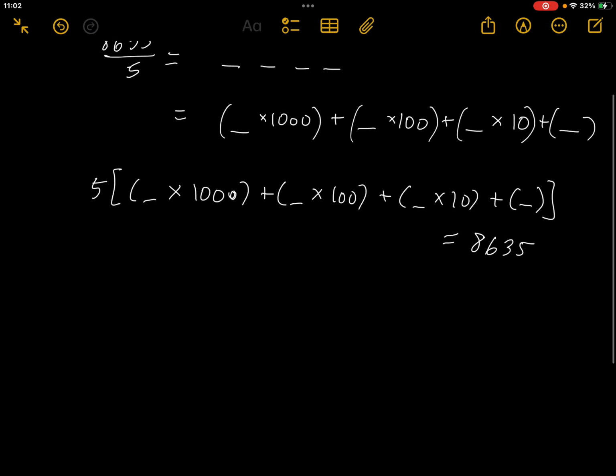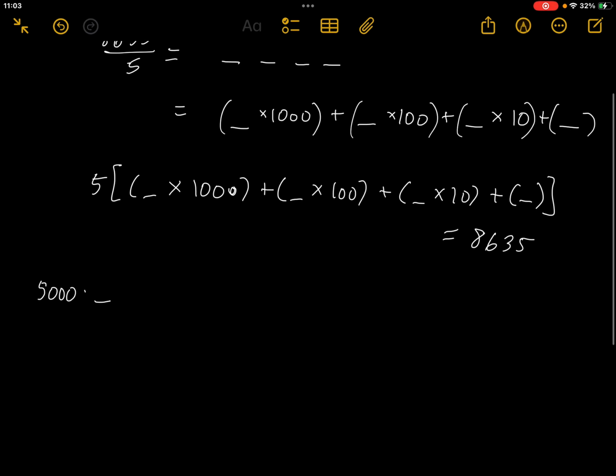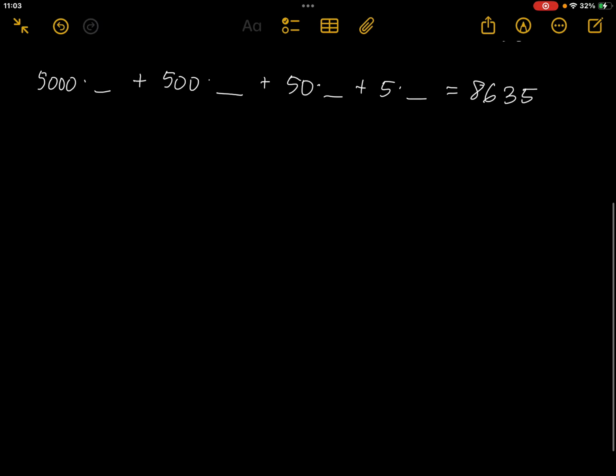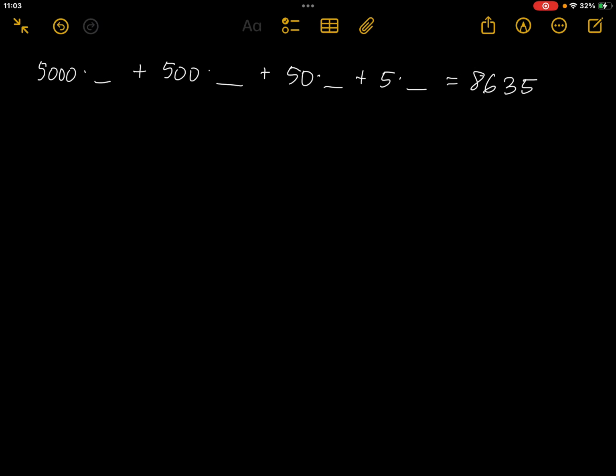And I'm trying to figure out what numbers go in the blanks. Well, let's distribute the 5 across. If I distribute the 5 across on the left, then I'm going to get some number times 5,000 plus 500 times some number plus 50 times some number plus 5 times some number equals 8,635. So I'm trying to figure out what 4 numbers will fit in the blanks.